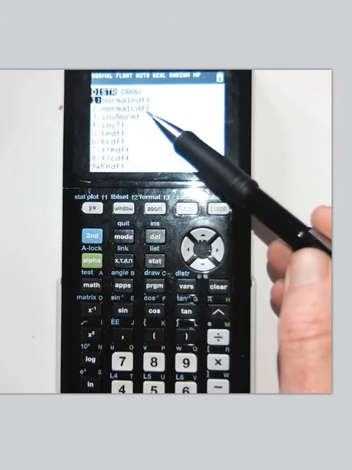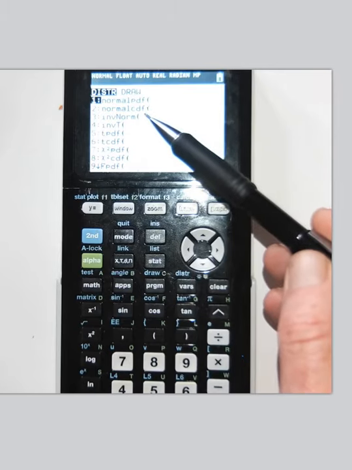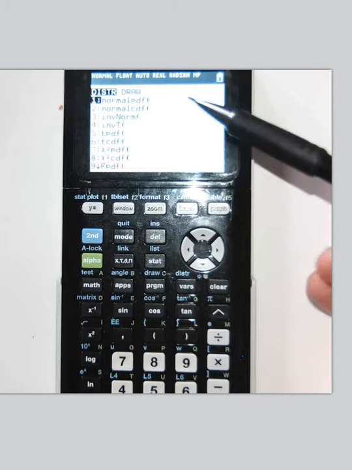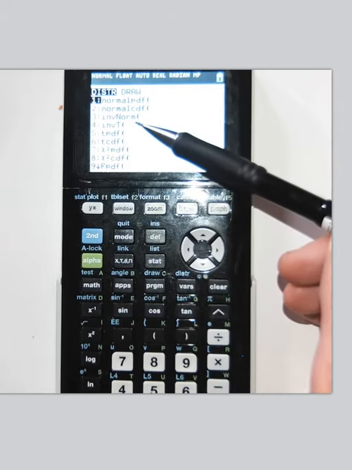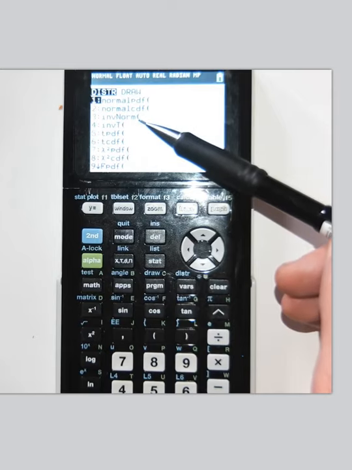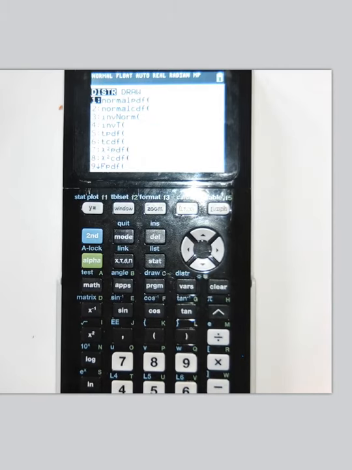We want to use the CDF feature on the calculator. Since I have this menu up, we're also going to use this number 3 quite a bit. It's an important key. I'll explain later what it's for, but in general, we're going to need that key. If you have an older calculator and you don't have that key, you might want to try to get your hands on one or look around on Excel about how to do this same thing.